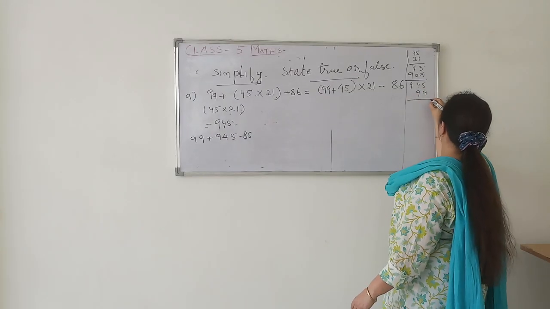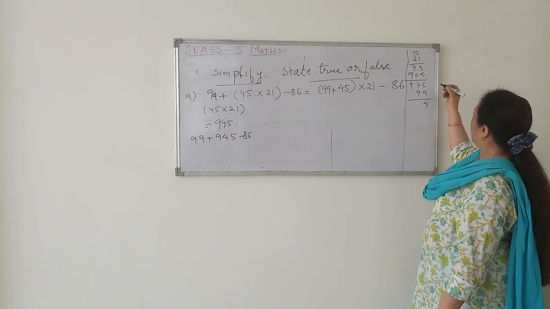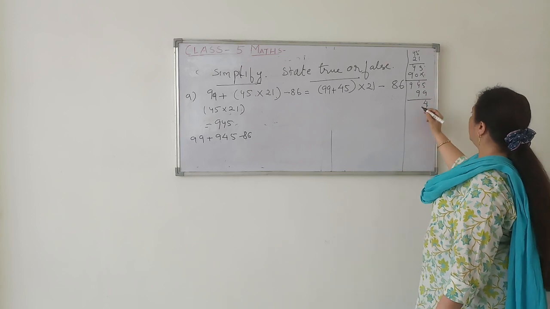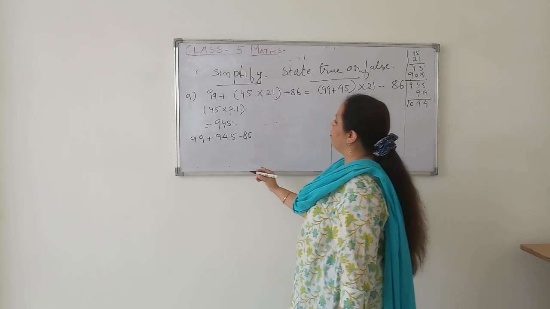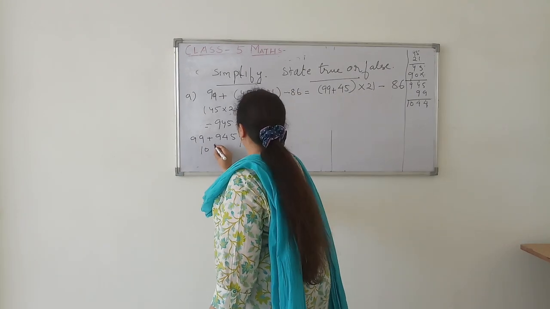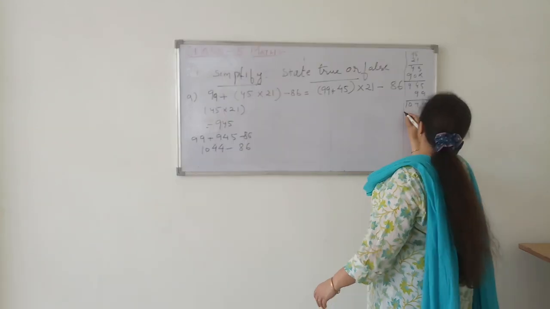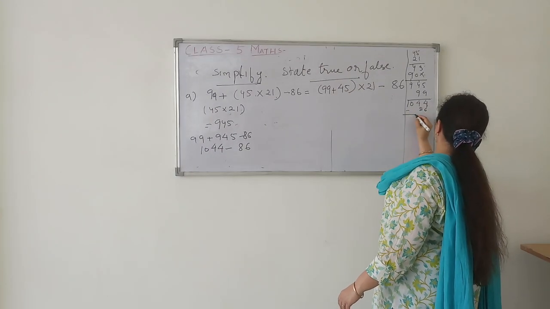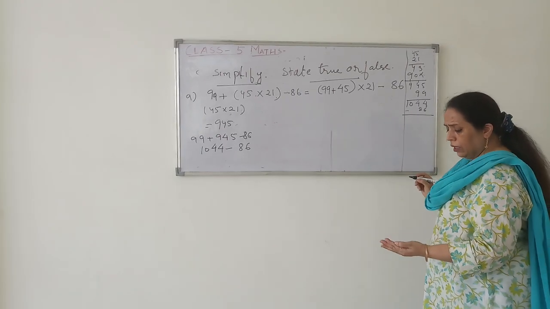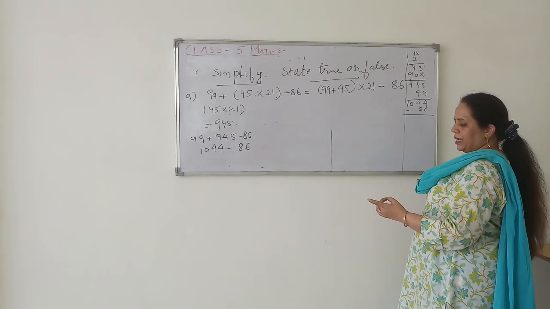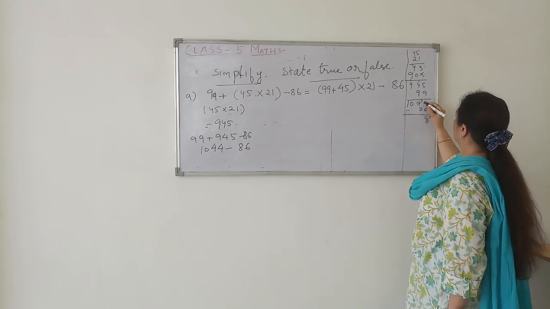99 here. Now 9 plus 5 is 14, and 1 will go here. This again is 14, 1 will go here, and this will become 10. Now we have got 1044 minus 86. Now we will subtract 86 from here. 14 minus 6 is 8, and this will become 3.